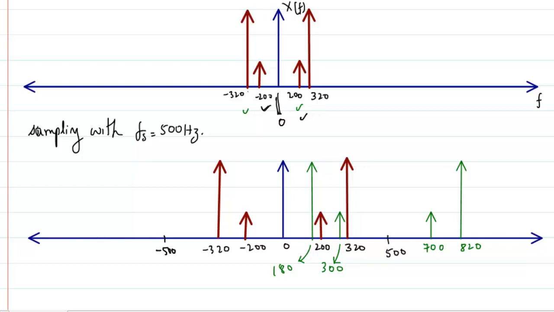Then this one will be minus 500 plus 200, which is minus 300. So at minus 300, I have to draw a short one. So minus 300 is going to come somewhere around here. Okay. That is going to be minus 300. And then minus 500 plus 320 is going to be minus 180.